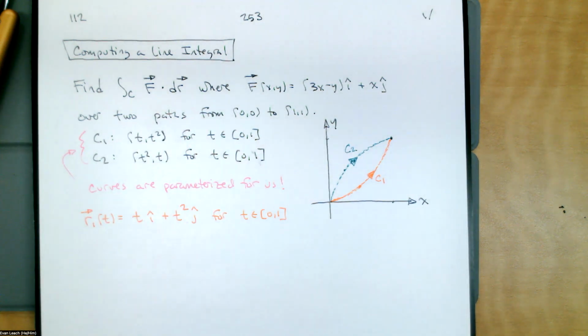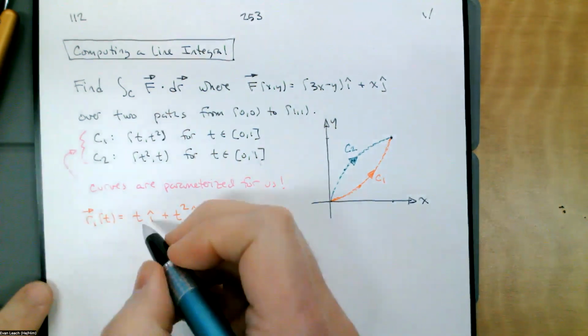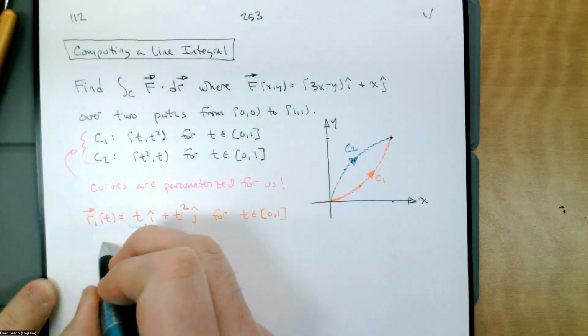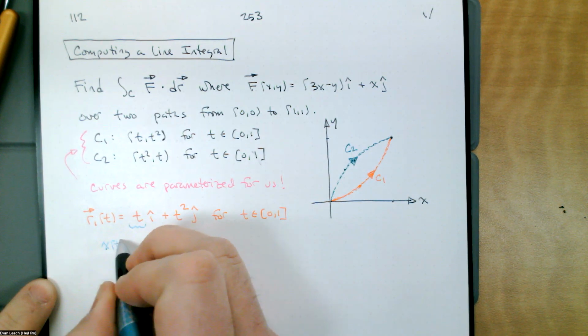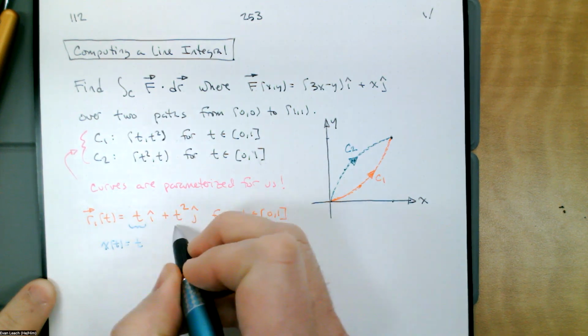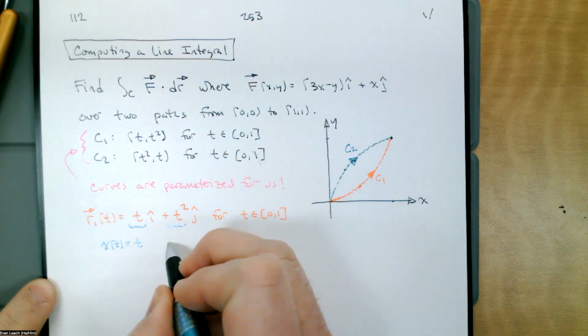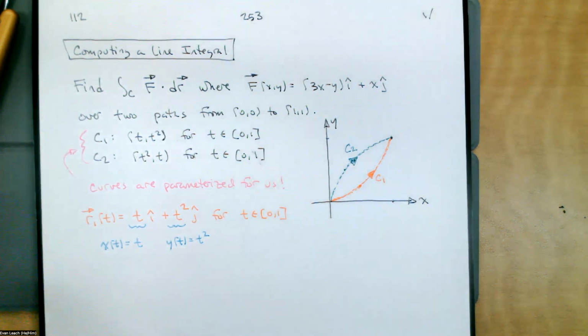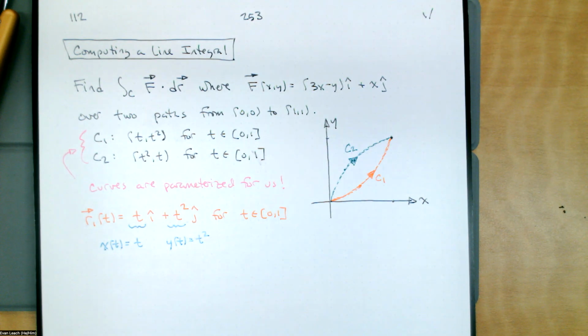So when we look at these parts, this part right here is saying that x of t is equal to t, and y of t is equal to t squared. So now I'm going to evaluate the vector field at all the points on this curve.